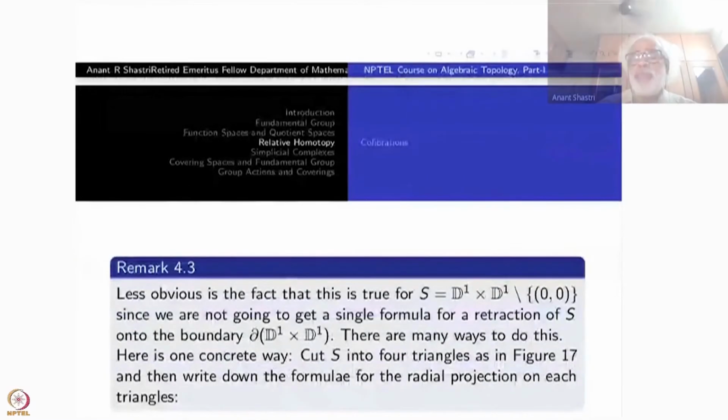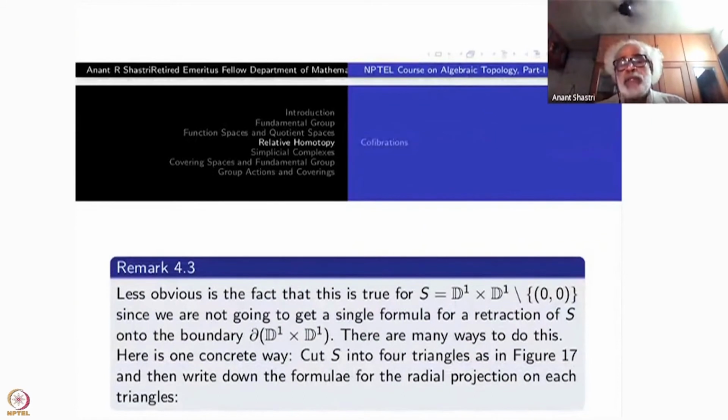Okay, less obvious is the fact that, let us look at now minus 1 to 1 cross minus 1 to 1, D1 cross D1. Okay, the square. Now you throw away the origin 0, 0. So that is my S. I want to say that the boundary square is a strong deformation retract of this.